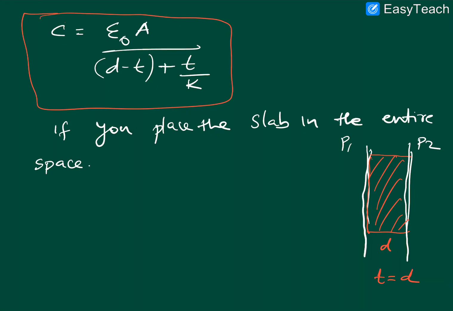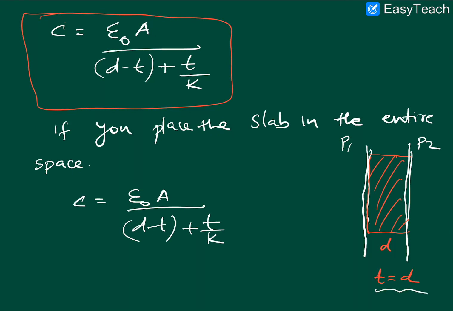Then what you will get? This you are having C is equal to epsilon 0 A by d minus t plus t by k. If t is equal to d, means d minus t, d and t are same, so this will become 0 and you will get epsilon 0 A divided by t by k will become d by k, because t is equal to d.